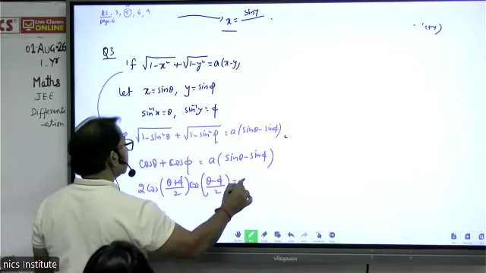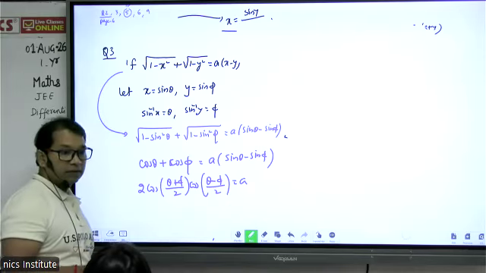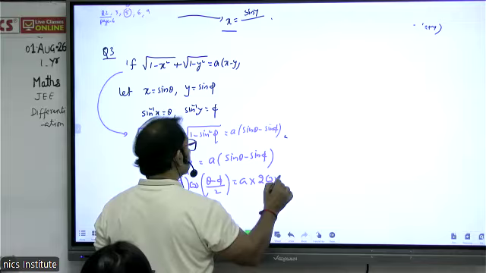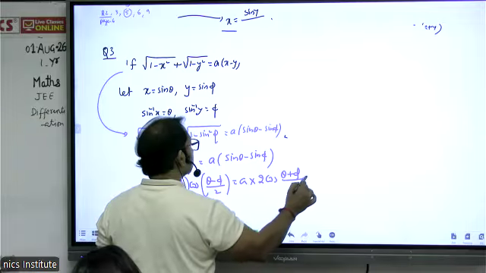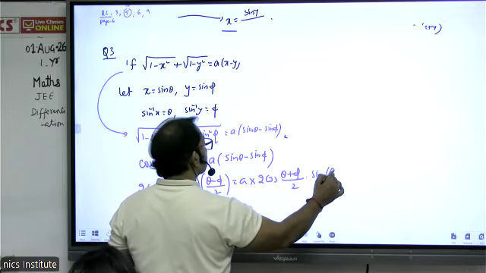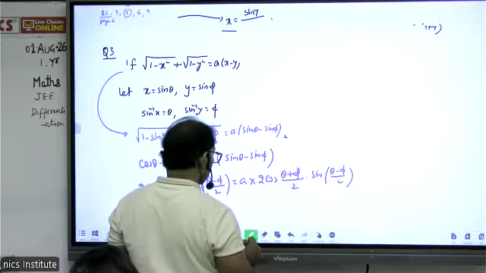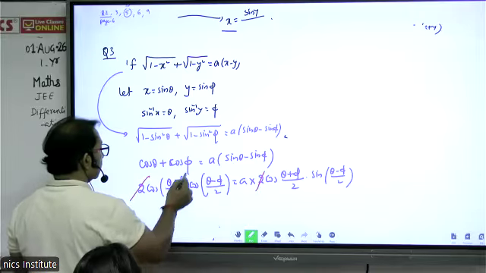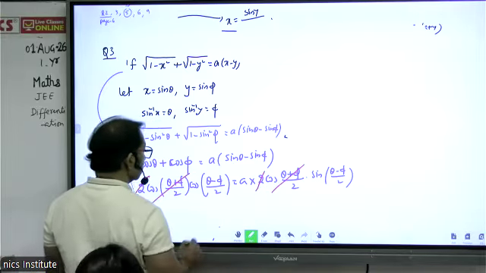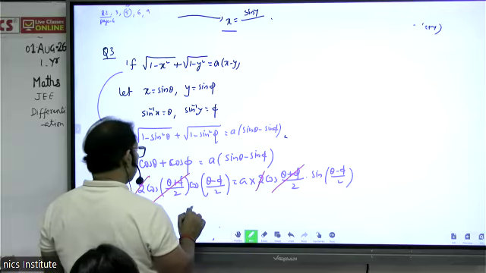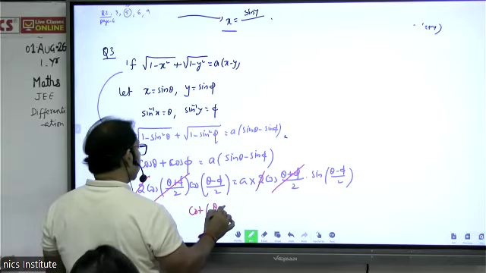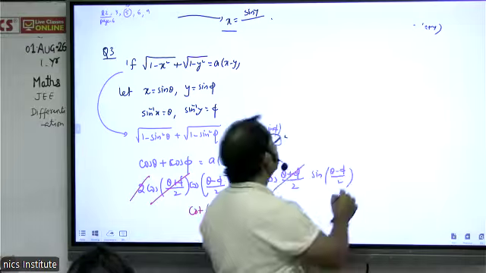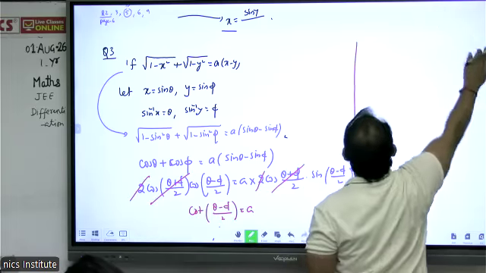What is sin c minus sin d? This d. Sin c minus sin d. 2 cos c plus d by 2 sin. Right. So now, कुछ कट रहा है? 2 and 2 cancel. Cos and cos term cancel. I get this term on the left side. It will become cot of theta minus phi by 2 is equal to a. I won't differentiate now because still theta and phi are there.